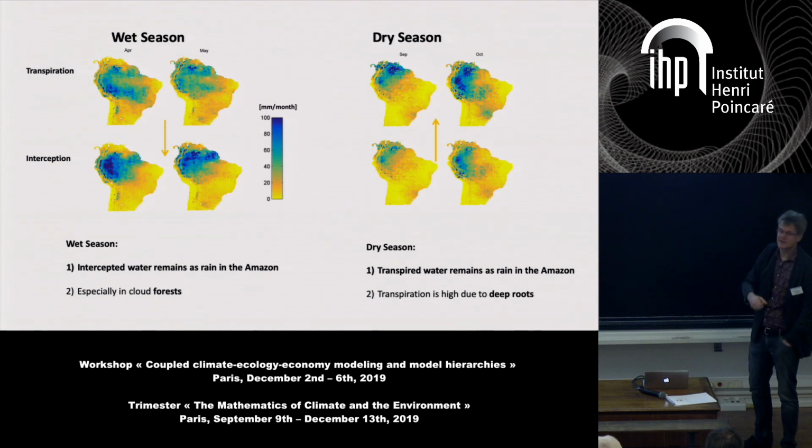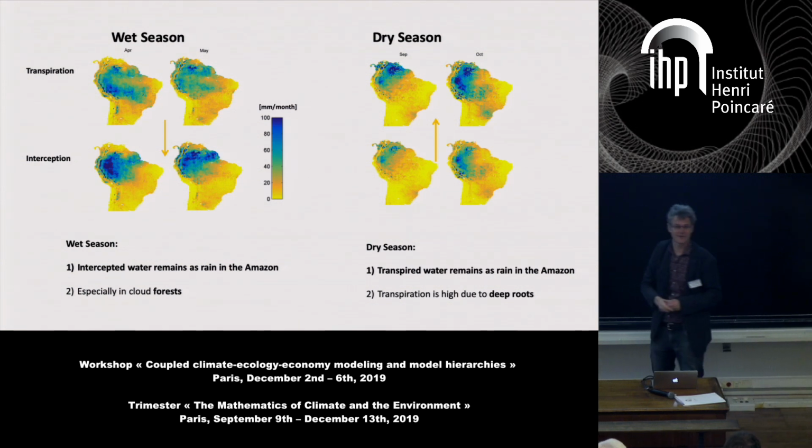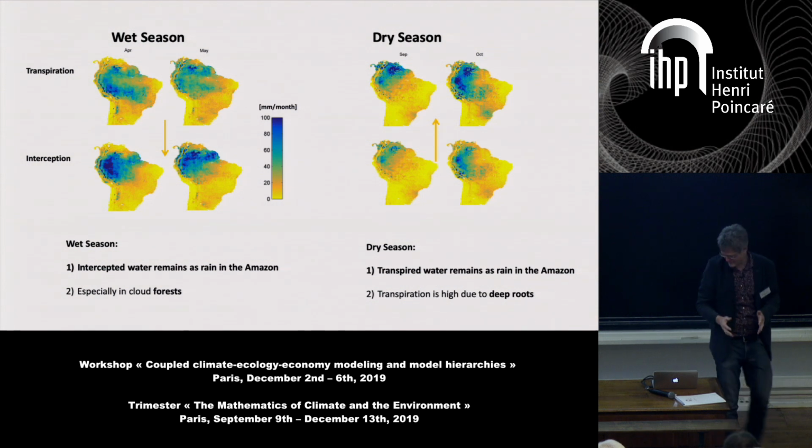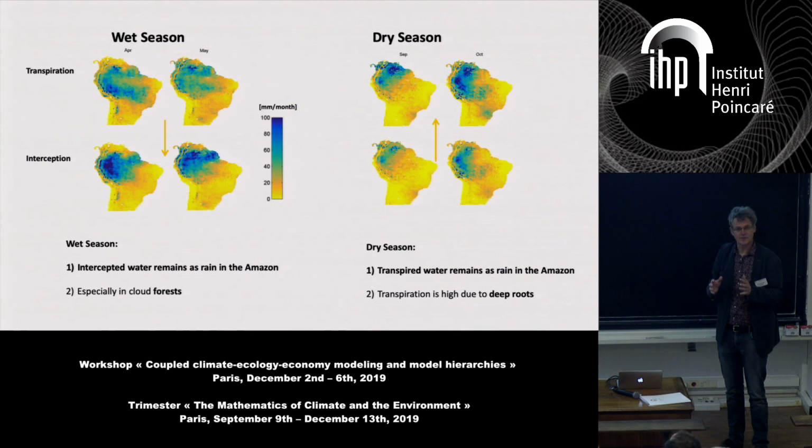The reason, of course, is that it's getting drier, so there's less rainwater coming on the leaf, so you also have less evaporation from the interception fluxes, but mainly it is transpiration, due to the deep rooting systems of these trees.